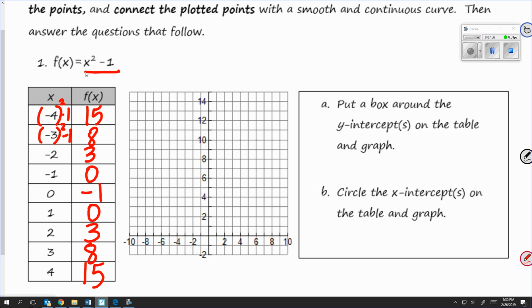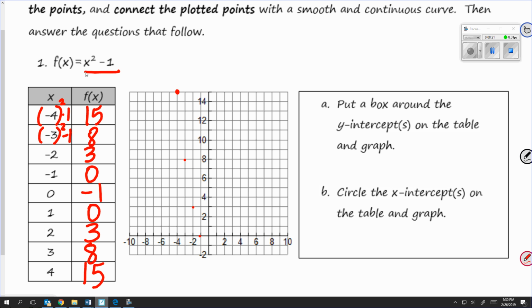So we're going to plot our points. On the x-axis here, we're going to go to -4. We're going to go up to 15, put a dot. We're going to go to -3, all the way up to 8, put a dot. We're going to go to -2, up to 3, put a dot. We're going to go to -1, 0, put a dot.